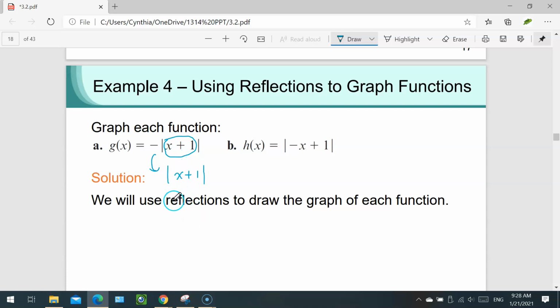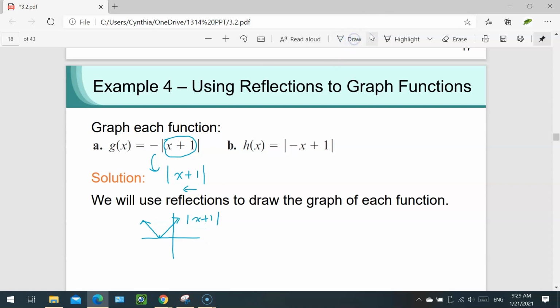When we graph x plus 1, you have plus 1 inside, so it goes left 1 unit. So this would be the absolute value of x plus 1. The g function is just upside down about the x-axis based on this function.